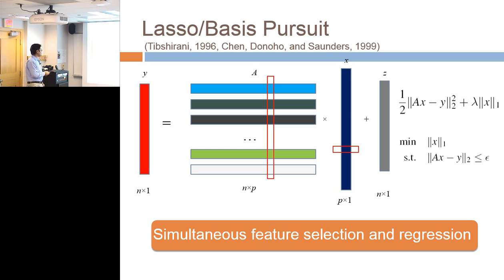Okay, so essentially, Lasso can achieve the goals of regression and feature selection simultaneously. This is why Lasso has been so popular in the last 10 years. It's widely used for feature selection.